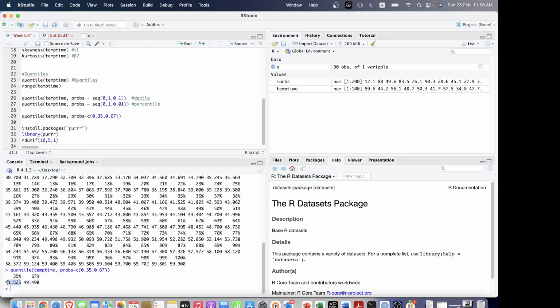Then I get those data points below which 35% of the data lies and 67% of the data lies. You can even match it here. 67 is 49.498. Yes, it is matching.